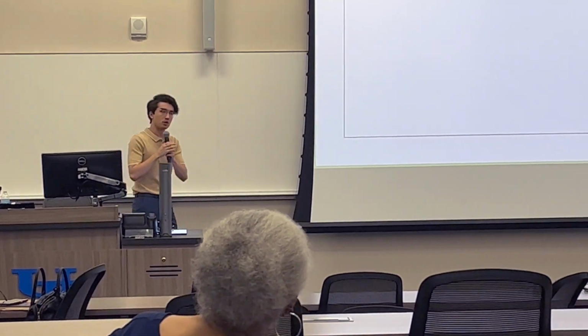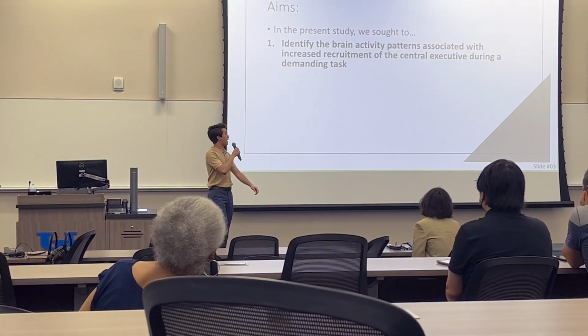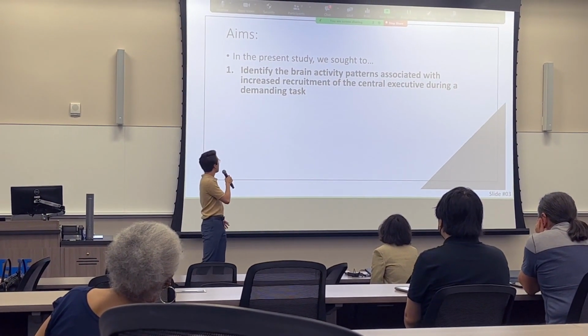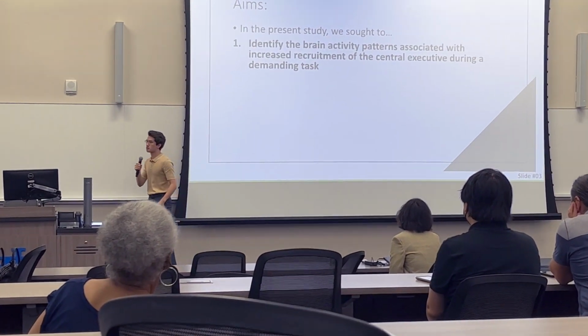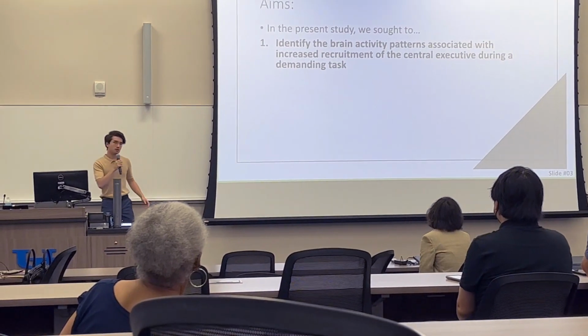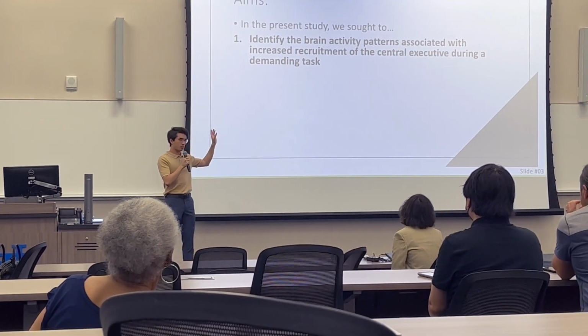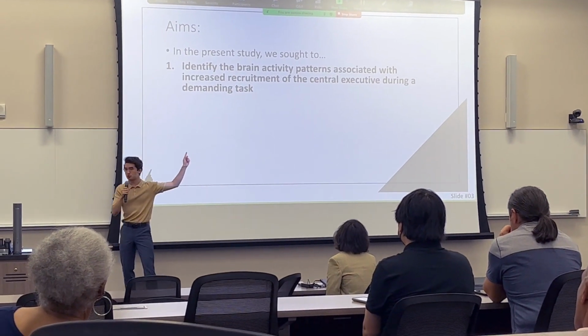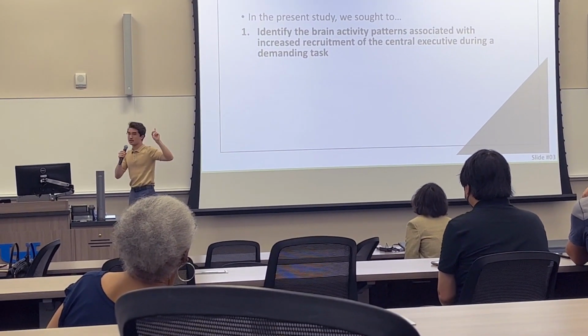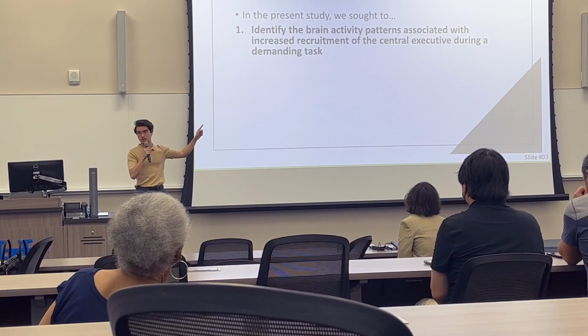And so we have 2 specific aims of this study. The first of which being, we wanted to identify brain activity patterns associated with increased recruitment of the central executive during a demanding task. Basically, we're looking at what specific brain areas are particularly active when participants are forced to use the central executive in a task which demands the central executive.